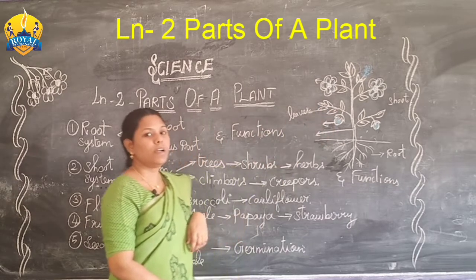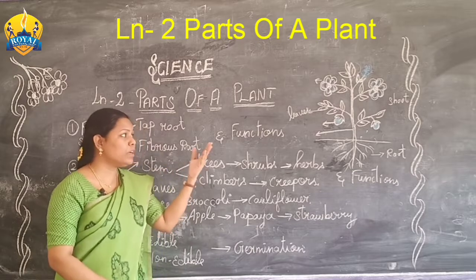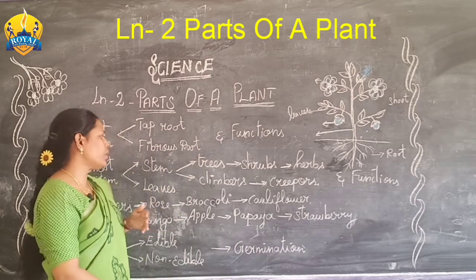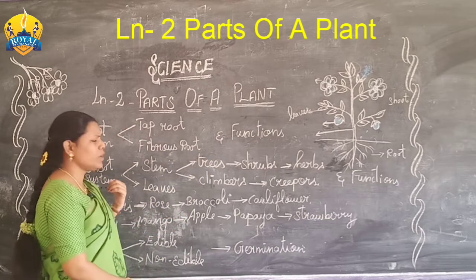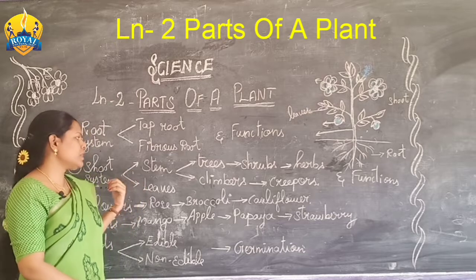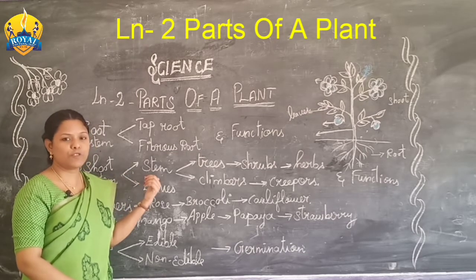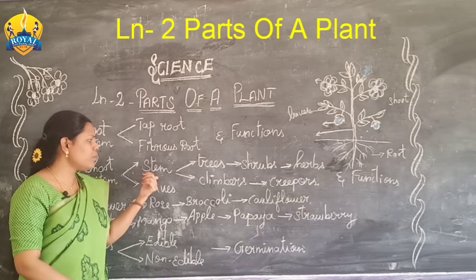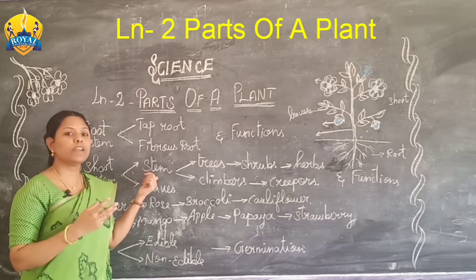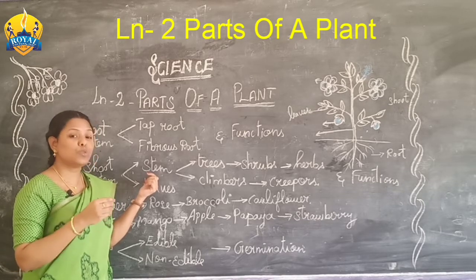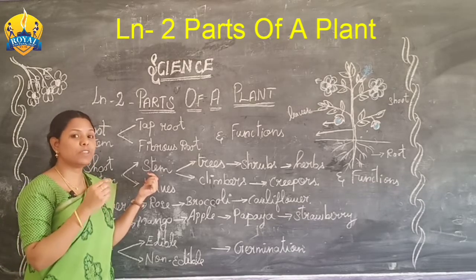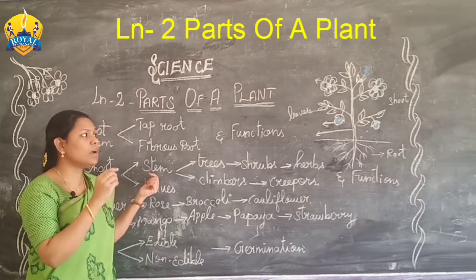Now we are going to learn about each and every part in detail. In the shoot system, the first part we will learn about is the stem. The stem gives water and minerals from the root to all parts: the branches, leaves and flowers of the whole plant.